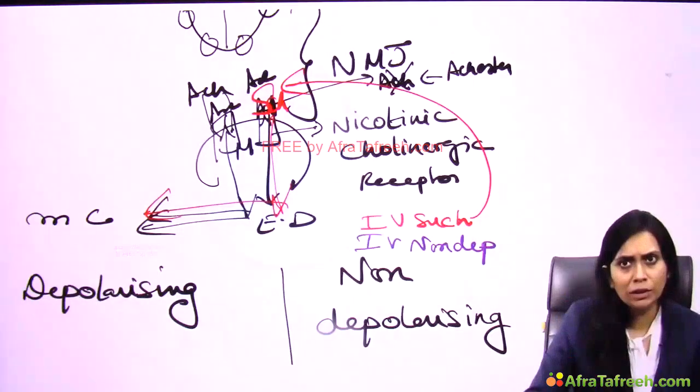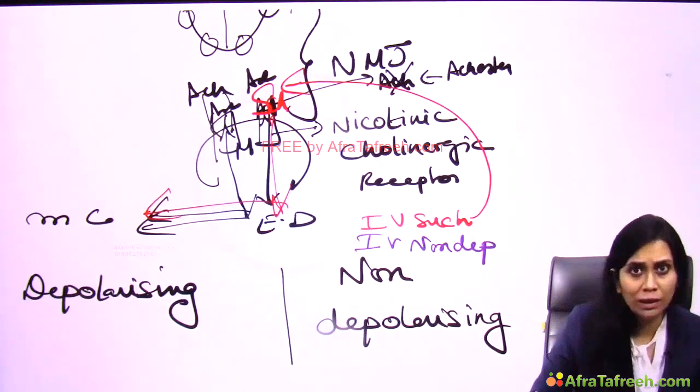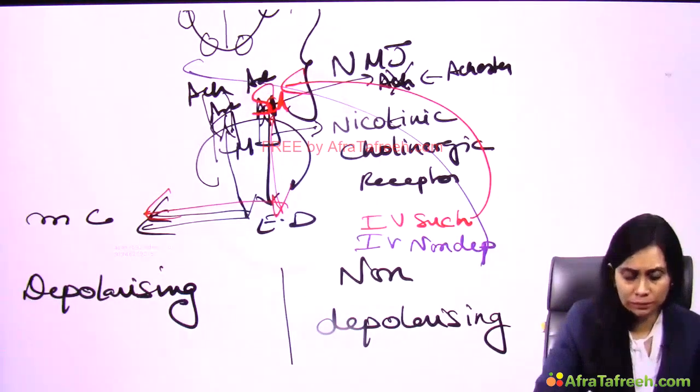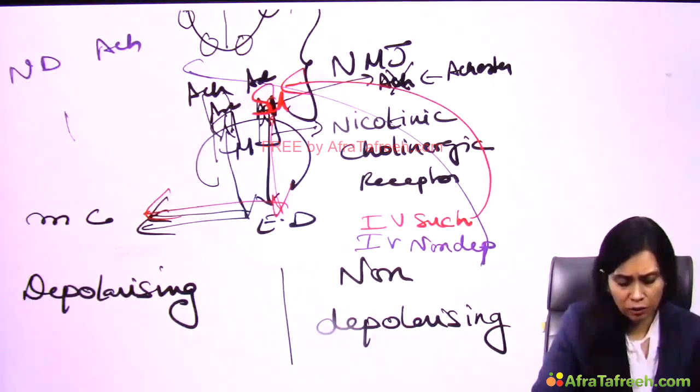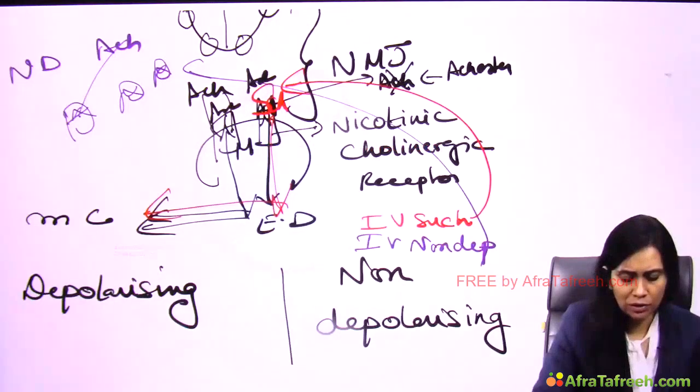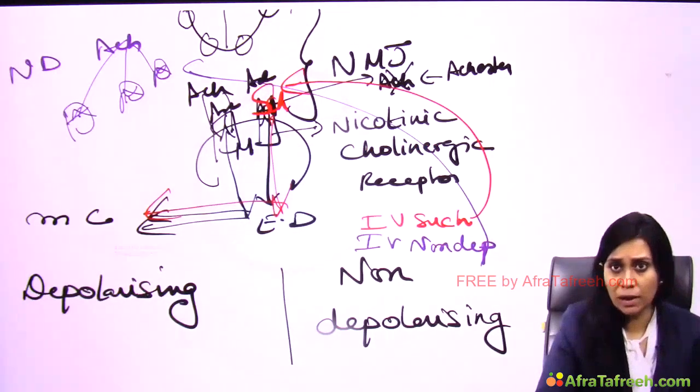So the non-depolarizing neuromuscular blocker is the duplicate for acetylcholine. When I give it, it goes to the neuromuscular junction, and non-depolarizing and acetylcholine compete with each other for the alpha subunit. If acetylcholine wins the competition, it sits on the receptor and does a normal action.